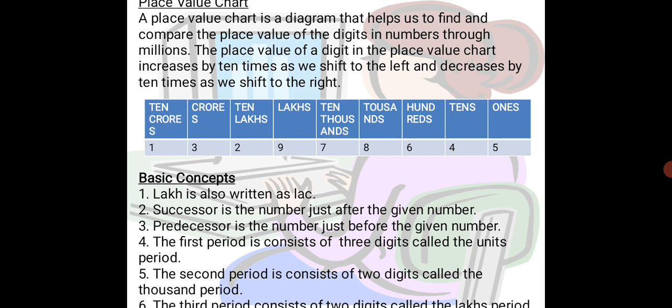So try to understand the difference. One is just after a given number, and the predecessor is the number just before the given number.